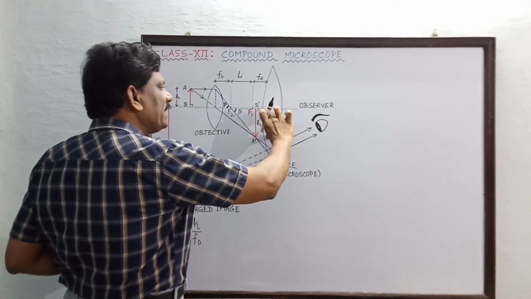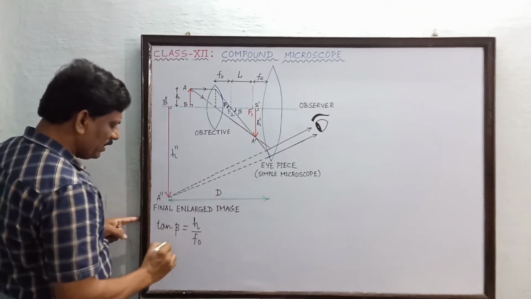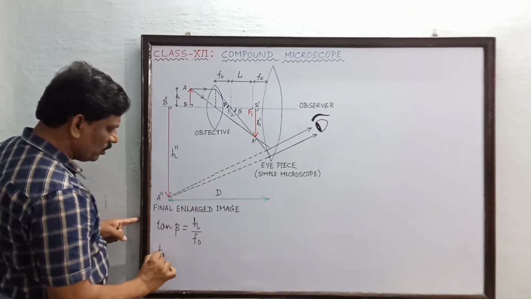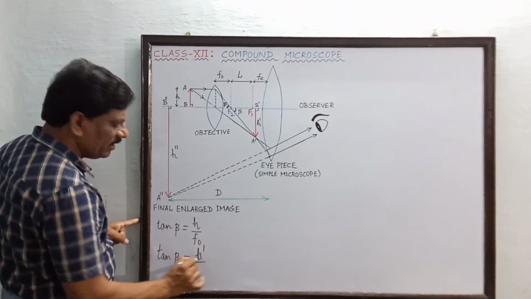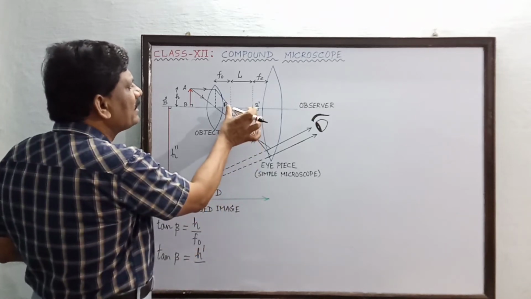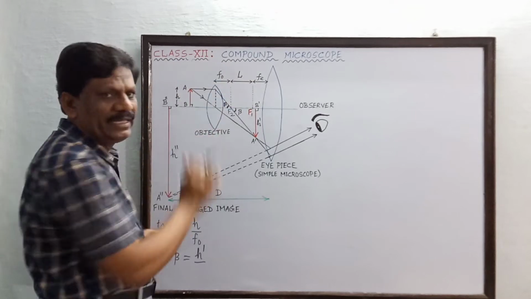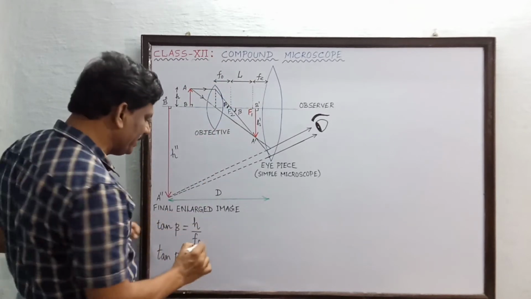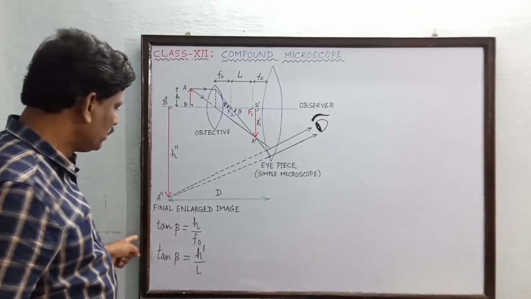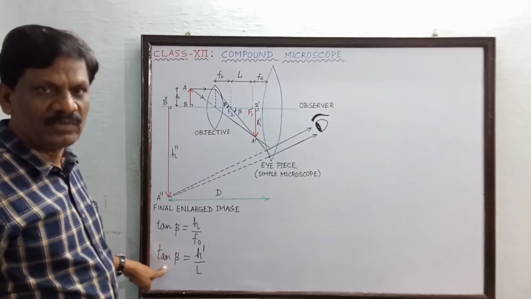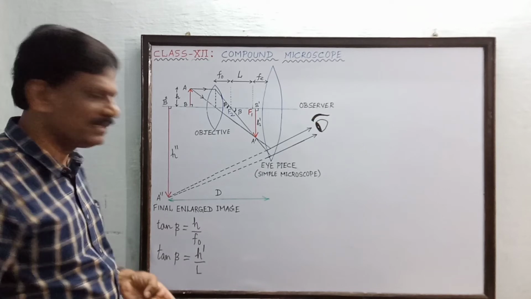So the opposite side is equal to the height of the image. So I can now write tan beta is also equal to h dash divided by this horizontal distance, which is nearly equal to the tube length. Understand? Nearly equal to the tube length. So h dash by L. So since left hand sides are equal, I am going to equate the right hand sides.